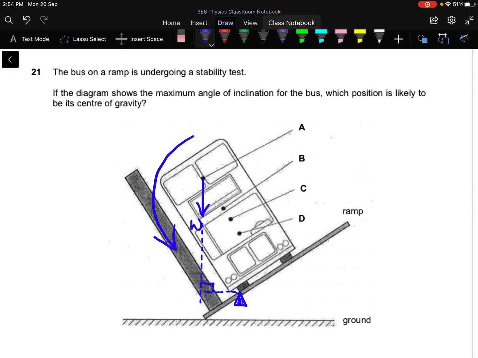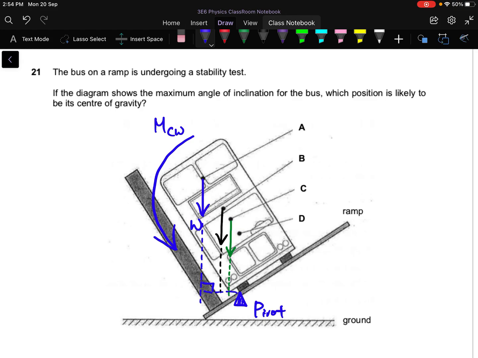So as a result, if your CG is at A, the whole bars will topple. If you use this logic and check B and C, you will see that all three positions will cause an anti-clockwise moment about this pivot over here, and it will cause the bars to tilt and fall.